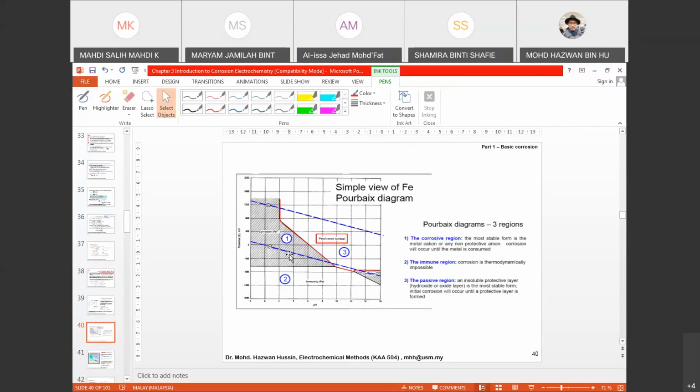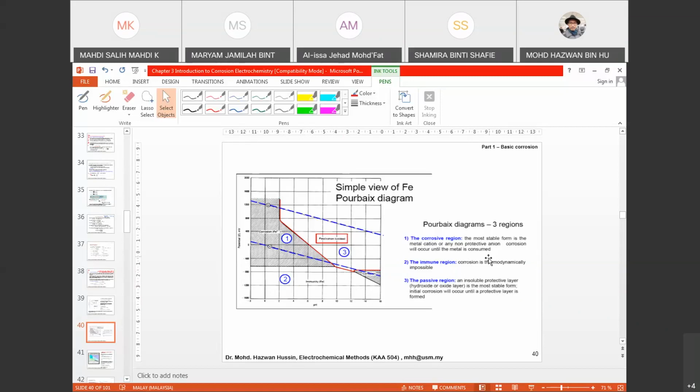a corrosive region. So if you look at the example that I showed you just now, when you do the measurement on the pipes, you detect the potential value and the pH value. Then you just check which region it falls in. So if the potential value is lower, then it lies in the immunity region. What does immunity mean?